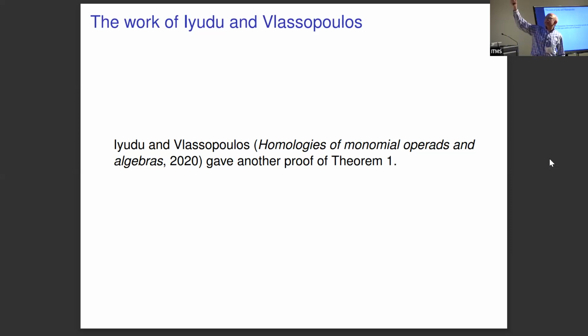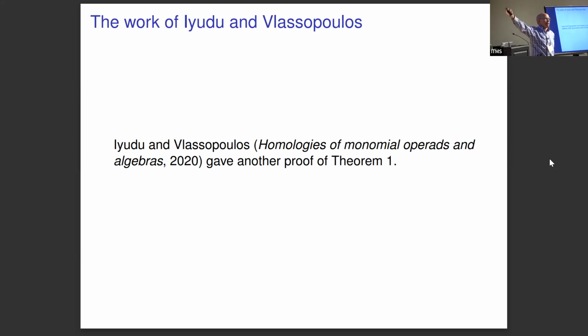So all of these other people are working on more algebraic things. It has something to do with homologies of, well, monomial operads. It is related to, if you take this algebra of formal power series in non-commuting variables and just mod out by the forbidden subwords, then you get a quotient algebra, and they're studying this algebra from the point of view of algebra.